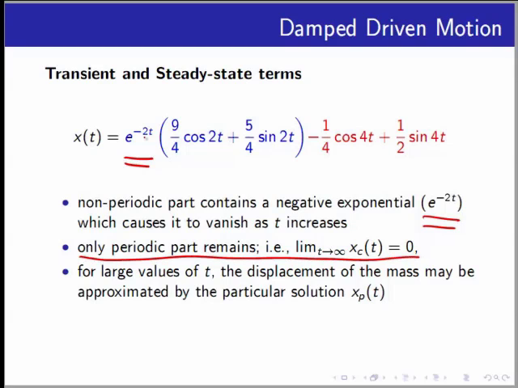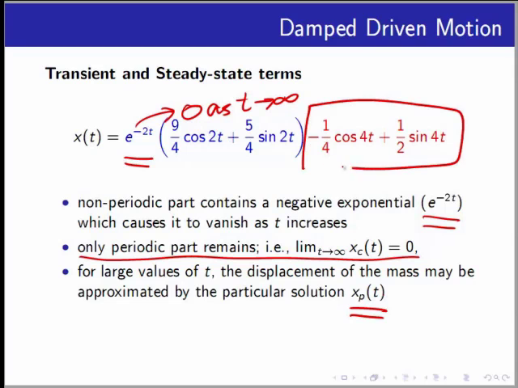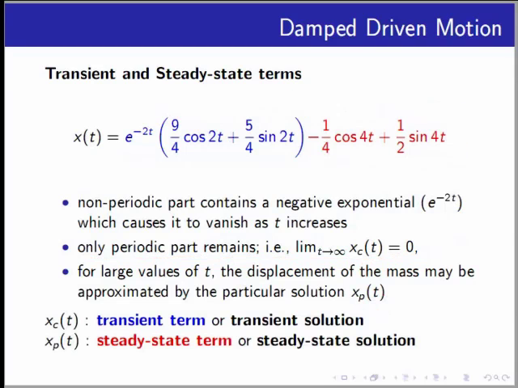It is the negative exponential that causes it to vanish, because as t tends to infinity, e^(-2t) will tend towards 0, so that only the periodic part will remain. Therefore, for large values of t, only this part will be dominant.